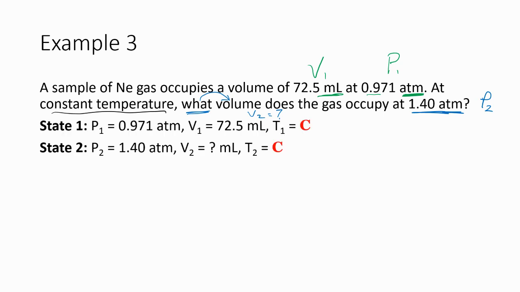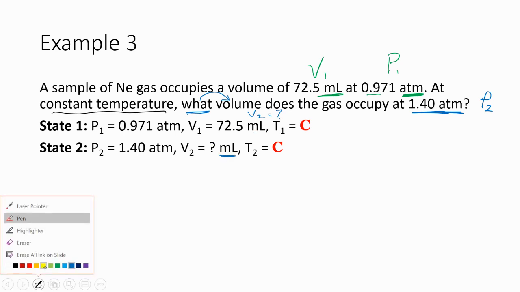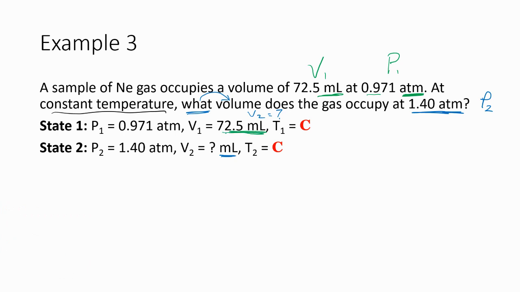So we set that up. Our temperature is a constant. It said so. It wasn't mentioned. There's no degrees Celsius in this problem. There's no Kelvin in this problem. So that's what gets it knocked out. Our P1, our P2 we've established, our V1, our V2 is going to come out in the same units as what goes in. So if the first one has milliliters, it comes out as milliliters. All right.